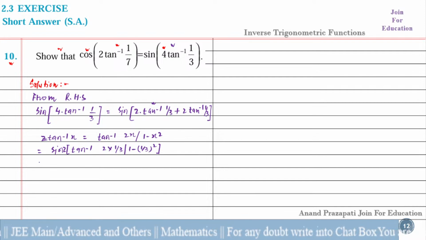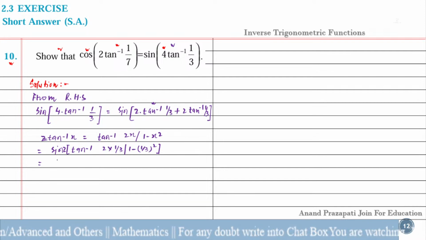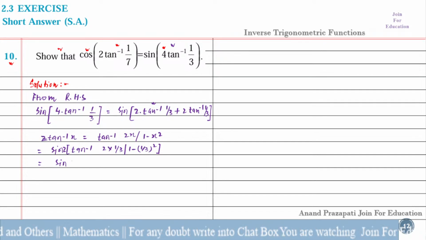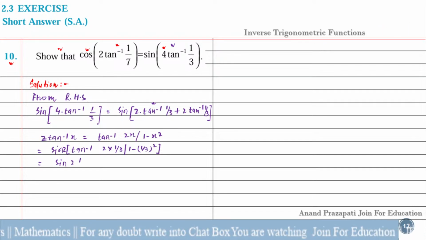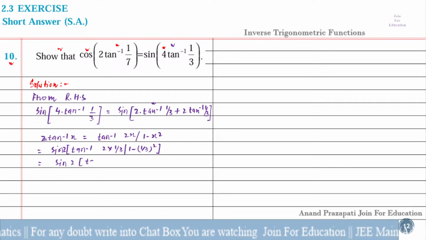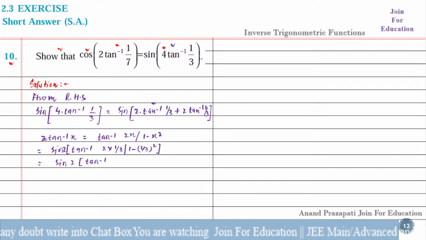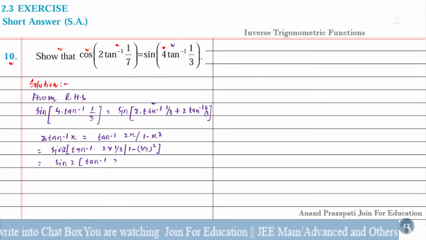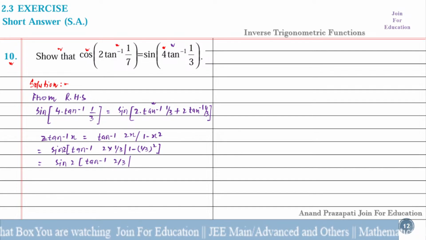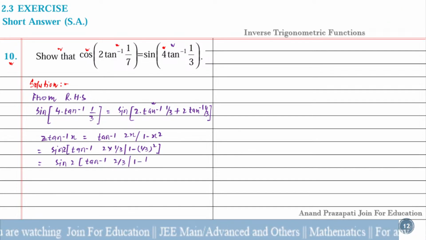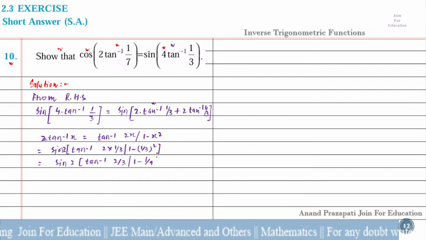So here will be what? Sin 2, and here will be tan inverse 2 by 3 by 1 minus 1 by 9.